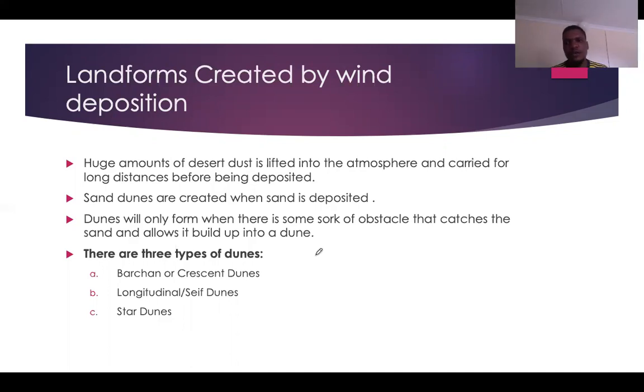It's not able to carry it for longer periods, but it lifts it up and drops it later. Then we have those carried in suspension, the particles carried for longer periods, so they travel longer distances. Those are the fine particles. In this case, we don't have solution, because solution only exists if water is involved.